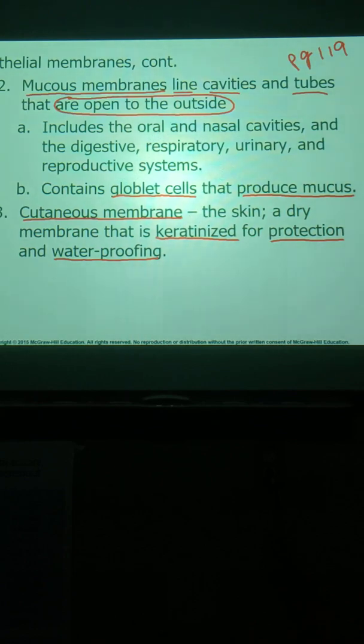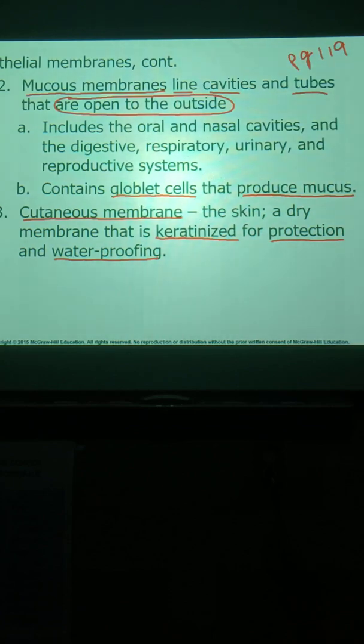Mucous membranes line cavities and tubes that are open to the outside. The mucus needs to be there for two reasons. One is that it acts as a lubricant, keeping areas of the body moist.